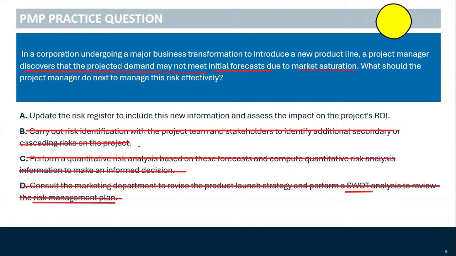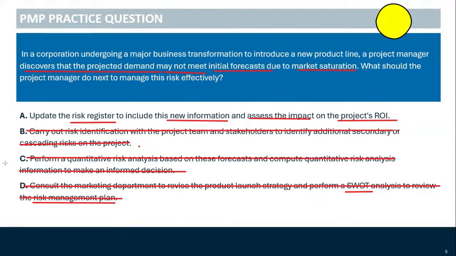We're going to get into A. What does it say? Update the risk register. Nothing wrong in that. To include this new information, nothing wrong in that. And assess the impact on the project's ROI. Well, it helps to know what is at stake. It helps to know how severe this risk is, juxtaposing it with the current understanding of our ROI.